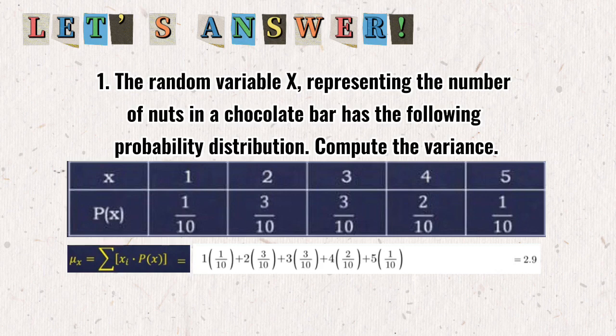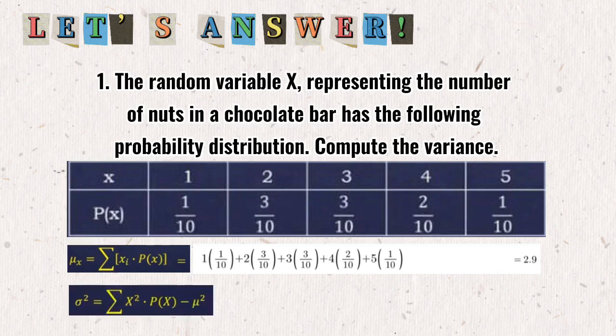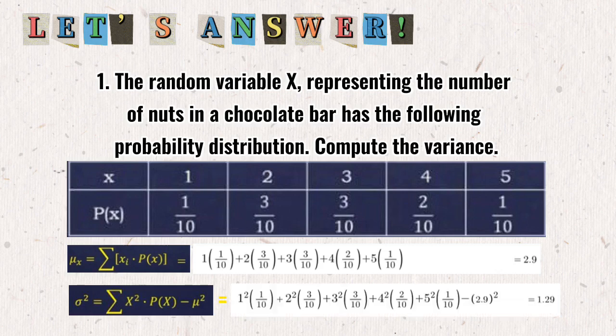Since we are looking for the variance, we can get the variance now that we have the value of the mean. What we will do is square the value of the random variable. So, 1 squared times 1 over 10 plus 2 squared times 3 over 10 plus 3 squared times 3 over 10 plus 4 squared times 2 over 10 plus 5 squared times 1 over 10.